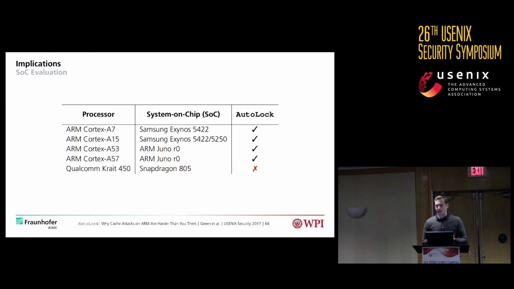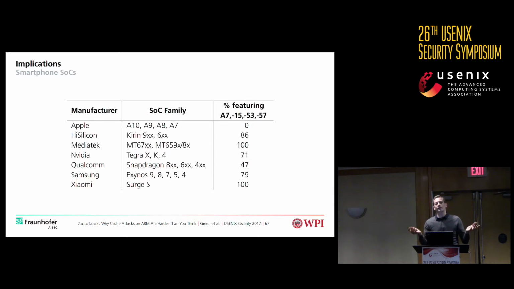So if we extrapolate these results a little bit to, for instance, the smartphone market, from the manufacturers that cover the vast majority of systems on chips employed in modern smartphones, we see that quite a lot of them feature ARM designs, obviously, but there is still a lot of diversity in the market. This ARM licensing ecosystem causes a large diversity in the system on chip market, unlike x86 processors, where we have maybe one way of Intel to do it and one way of AMD to do it.